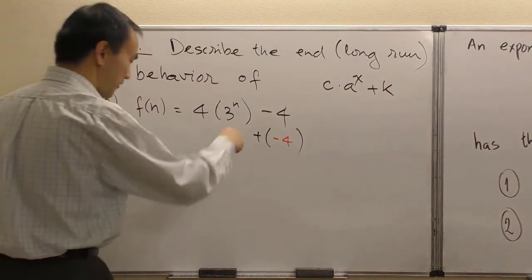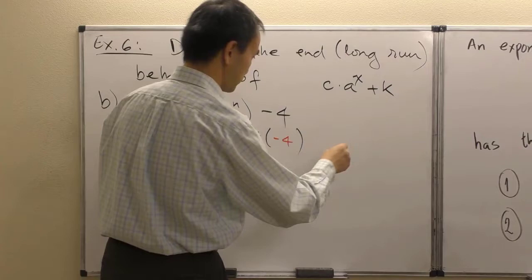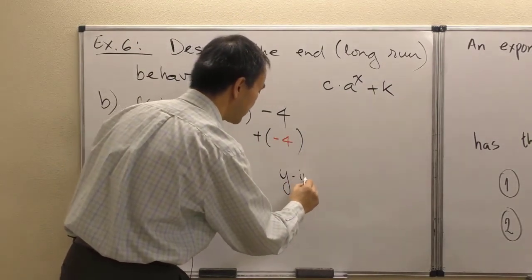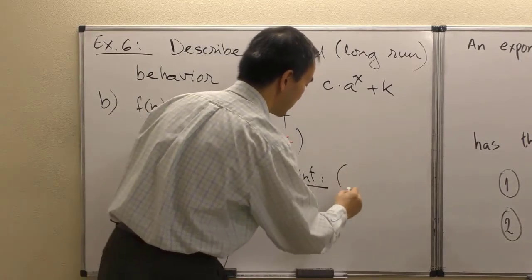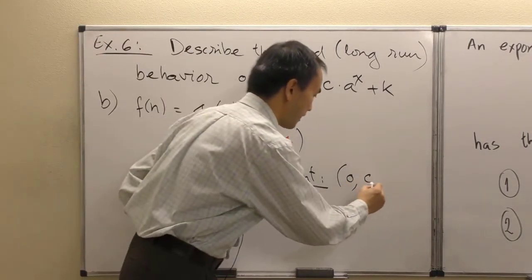So I know from this function, drawing from the earlier work, that the y-intercept has to be at (0, c plus k).